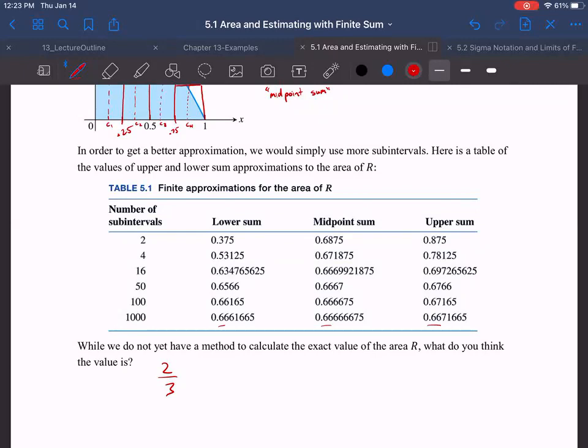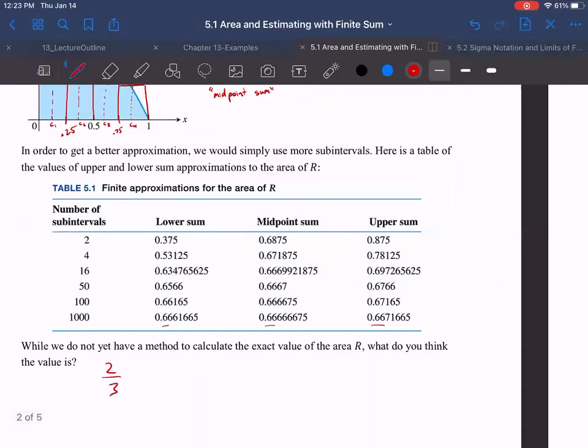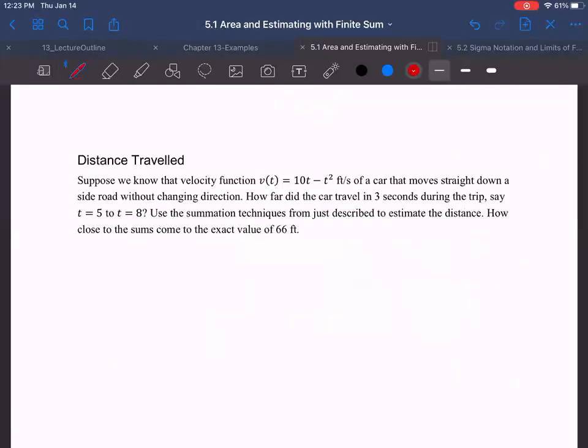Okay. Now let's move on to our next page, and we're going to look at distance traveled. Actually, before we do that, let's define a few variables here. First, we're going to do S of t, and this is going to be our position at time t.